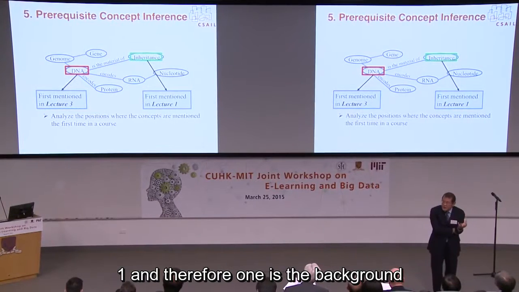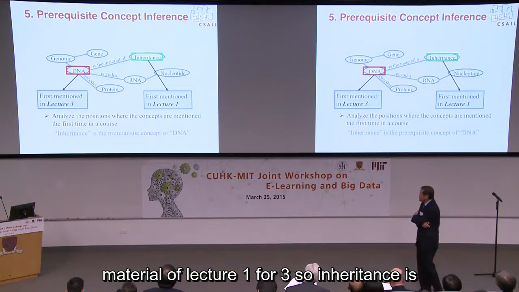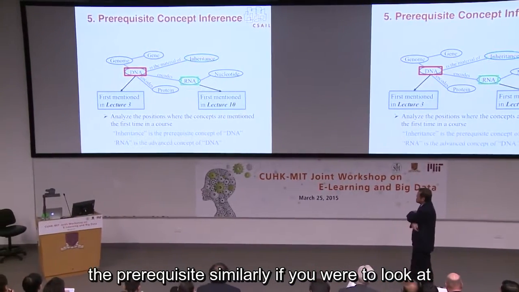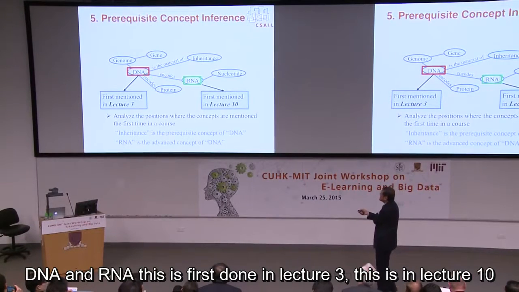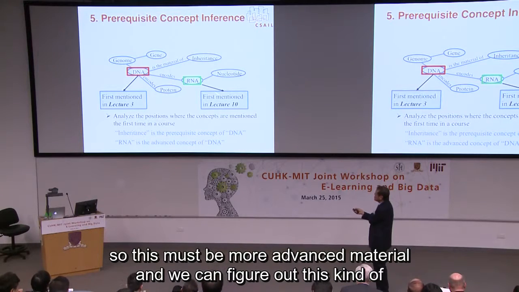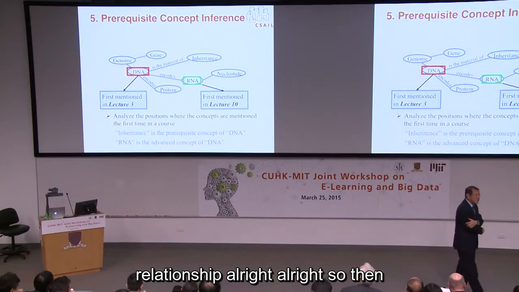Therefore, lecture 1 is the background material for lecture 3, so inheritance is the prerequisite. Similarly, if you look at DNA and RNA, DNA is first introduced in lecture 3 and RNA in lecture 10, so RNA must be more advanced material. And we can figure out this kind of relationship.